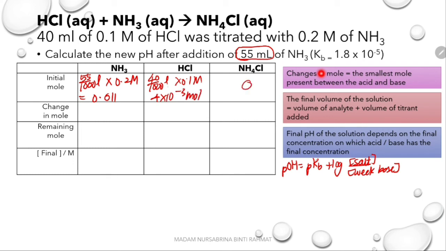The change is by the smallest mole, which is HCl, so minus the number of moles of HCl. But we are producing ammonium chloride, so the change there is positive. The remaining mole is you subtracting the changes from the initial.